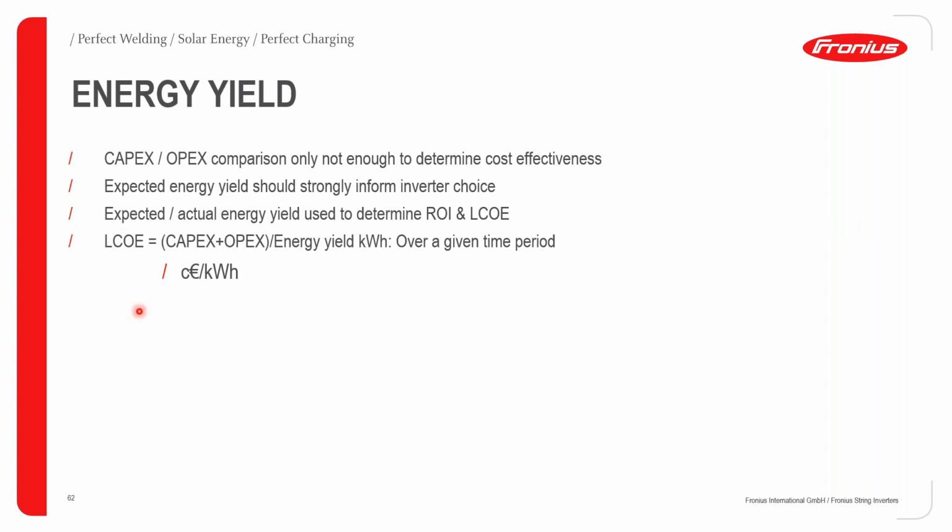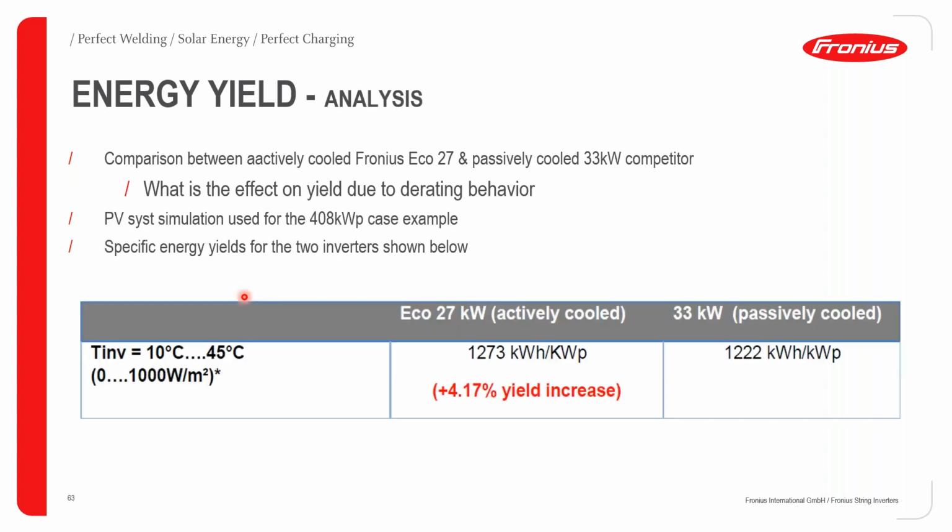And then to express the levelized cost of energy, you just add your OPEX plus CAPEX, and then you divide by your energy yield in kilowatt hours over a given period of time. And therefore, this gives you the cost in euros per kilowatt hour, or unit currency per kilowatt hour. So looking at these two examples that we have considered before, an actively cooled Fronius Eco 27 and a passively cooled 33 kilowatt competitor, what would be the effect on the yield due to derating behavior as already mentioned?